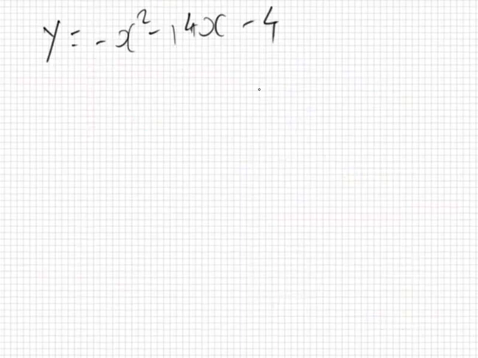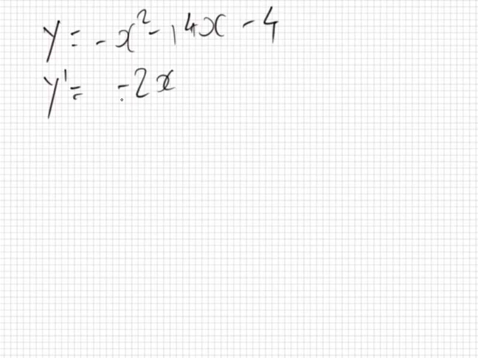And like before, I want to know where's the max and min. But this time I want you to tell me if it is a max or if it is a min. So what's the derivative here? Minus 2x minus 14 equals 0.